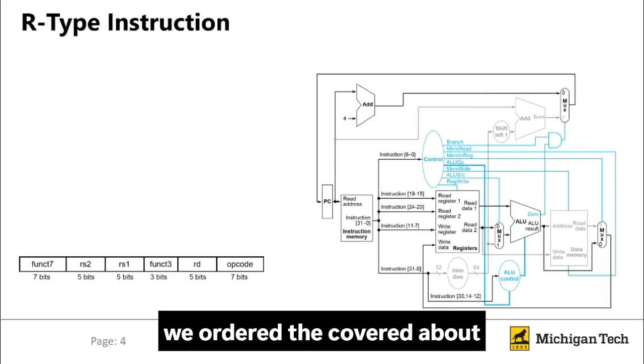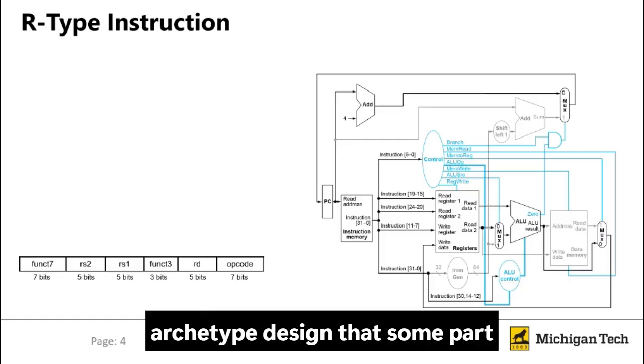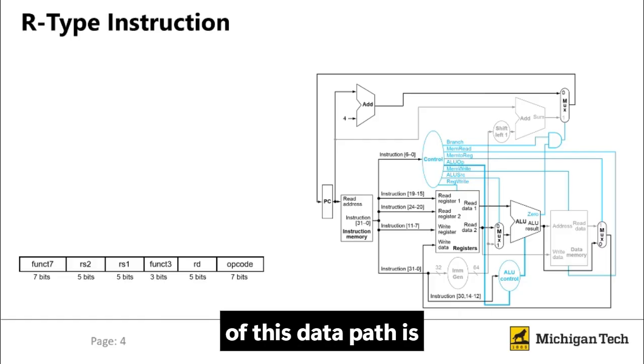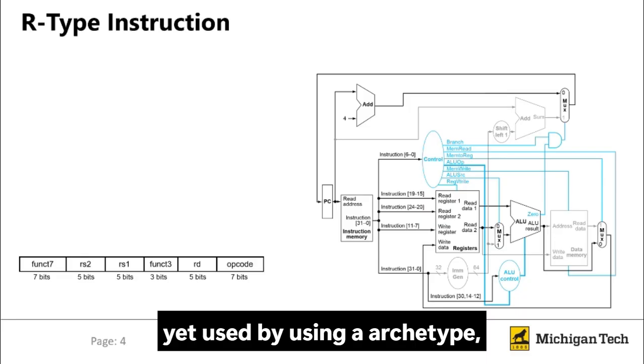Here we already covered R-type, but I want to emphasize in this R-type design that some part of this architecture, some part of this data path is gray. The parts that are gray mean they are not yet used by R-type.